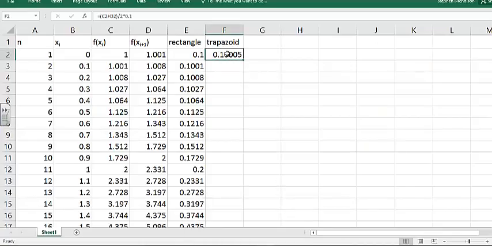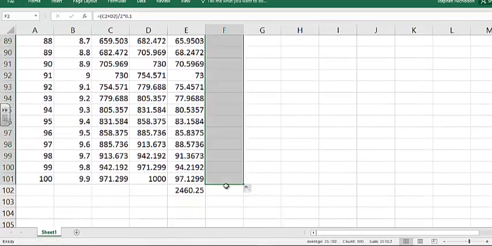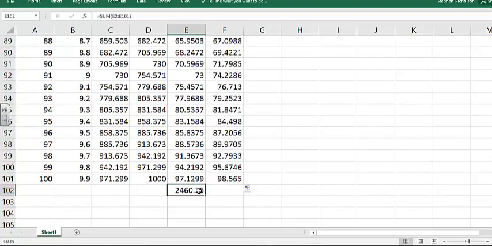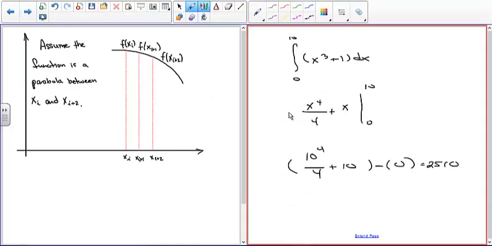And if I copy that area all the way down, so I'm calculating this for 100 trapezoids, and then I copy the equation, I get 2,510.2. Okay, so that compares with the exact solution of 2,510.